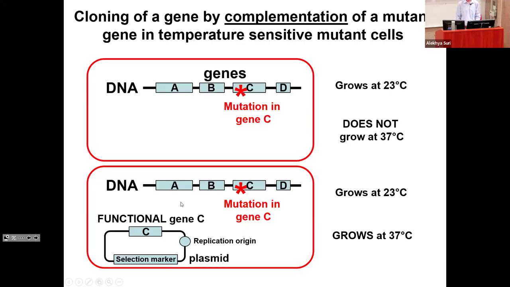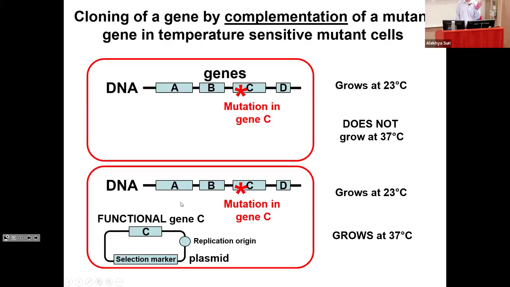And when we go back to the identification of a mutant gene, or what the identity of the mutant gene is, we have to isolate the functional gene. So we would use this mutant that can grow at room temperature, but does not grow, for example, at high temperature.